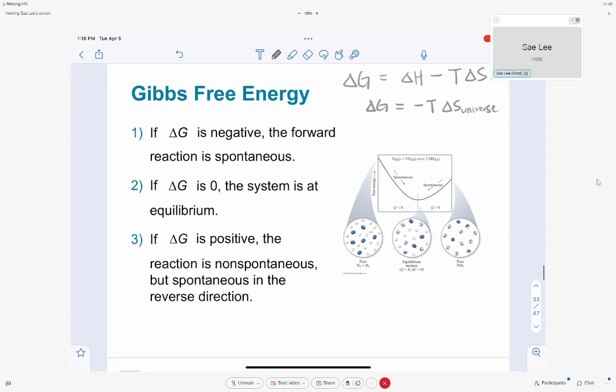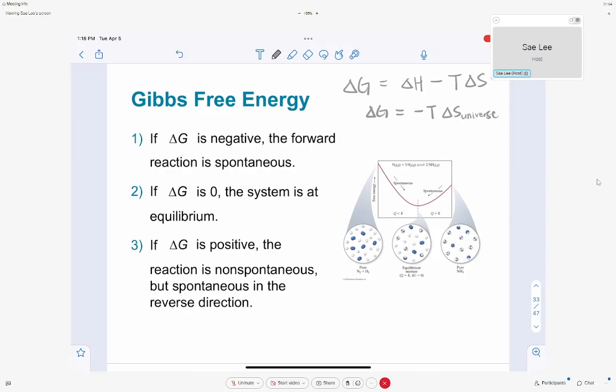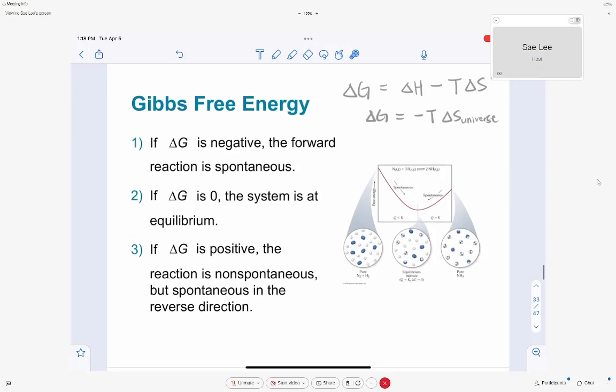If a reaction is spontaneous, then the left side of the equation is going to be negative. So delta G is negative for a spontaneous reaction.